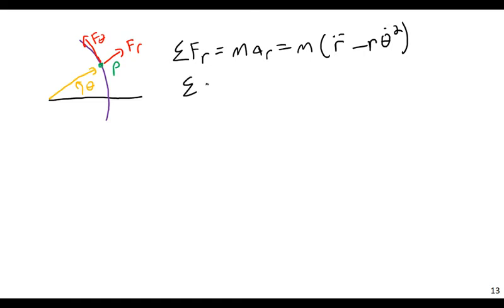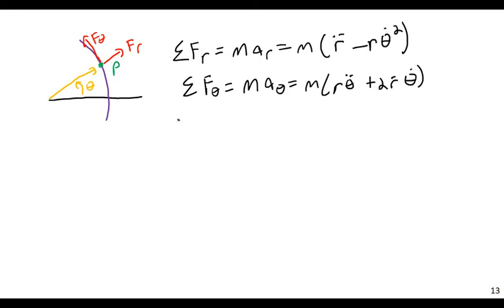Summation of forces in the theta direction is equal to m a theta, which is equal to m times r theta double dot plus 2 r dot theta dot. And basically from this, we can derive the conservation of angular momentum.